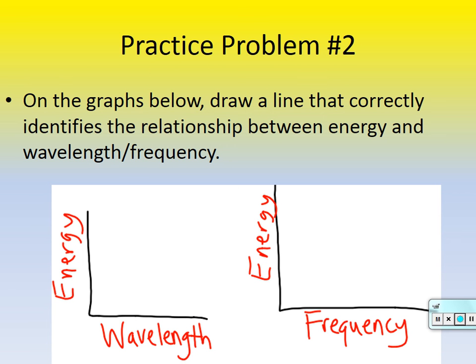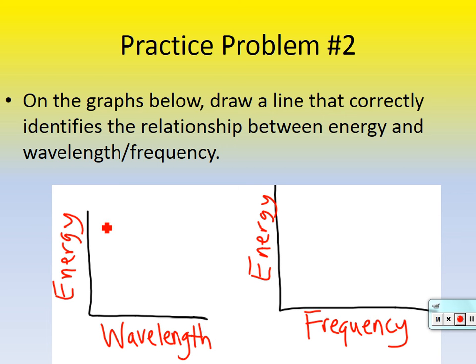Okay, practice problem number 2. It says, on the graphs below, draw a line that correctly identifies the relationship between energy and wavelength and energy and frequency. Guys, help me out with this one. As wavelength goes up, what happens to energy? Goes down. So how could I draw a line on this graph that would make sense?